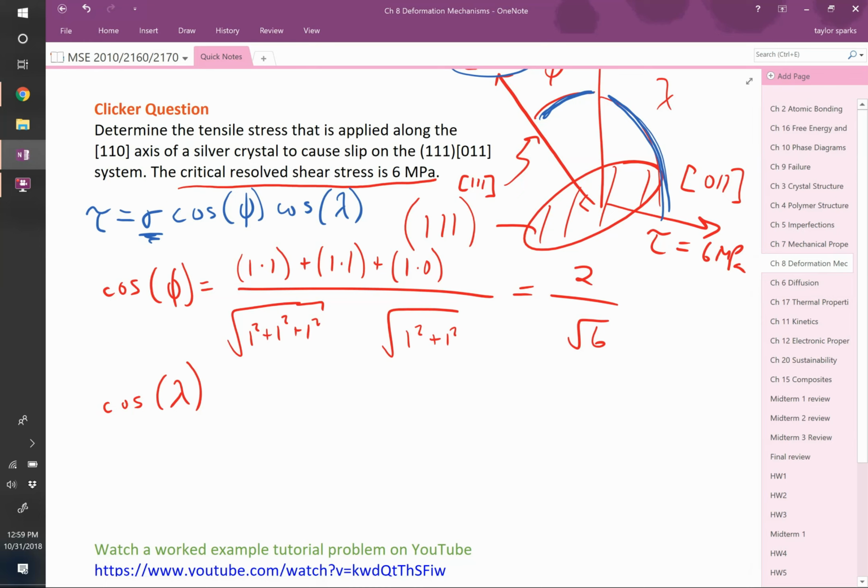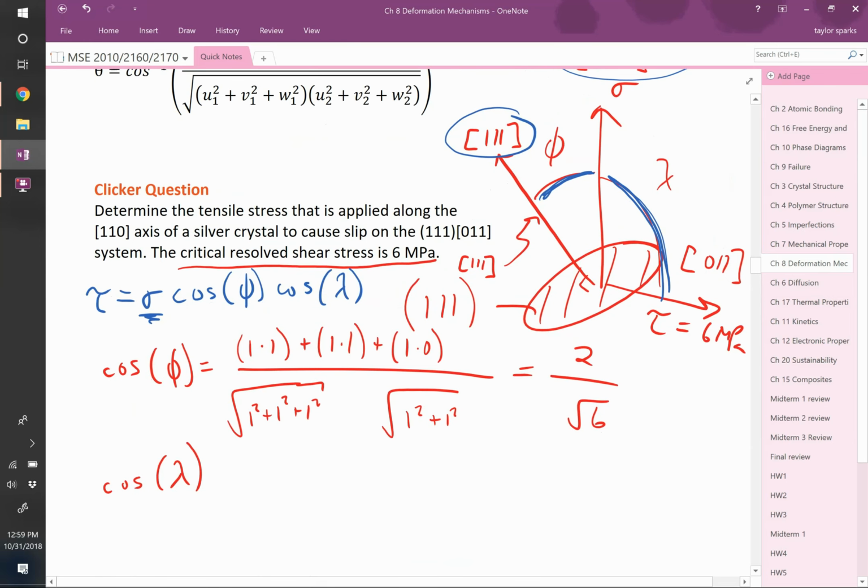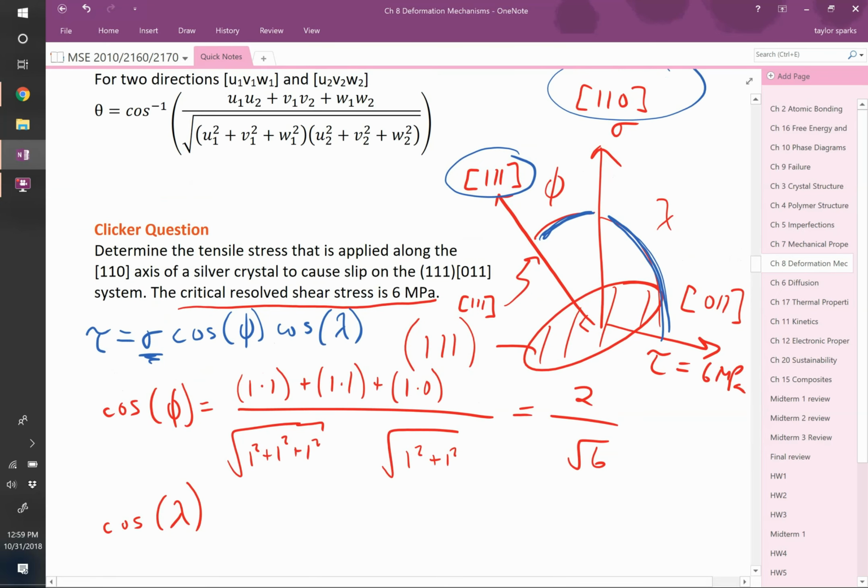Any questions? I'm trying to figure out what I'm dot producting. Okay, so if you want lambda, that's the angle on the right, then it's between the two vectors 110 and 011. Okay, that makes sense. Yep.